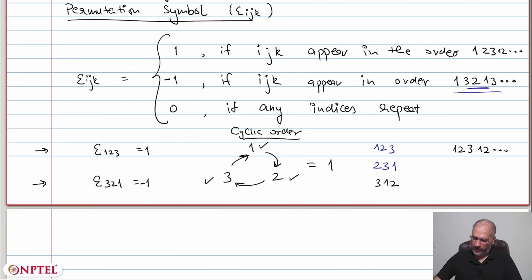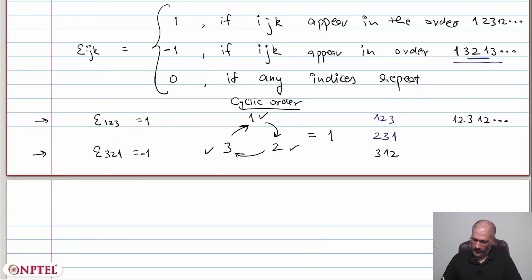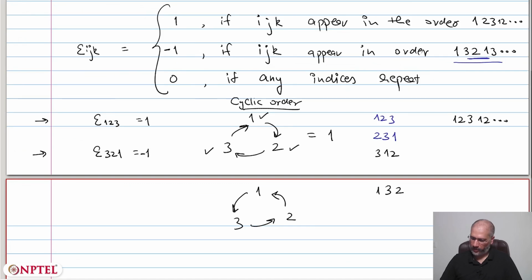So on the other hand, in the case of an anti-cyclic order, we'll have the other way around. So 1, 3, 2. So this order is 1, 3, 2 or 3, 2, 1 or 2, 1, 3 and so on. So this is an anti-cyclic order.